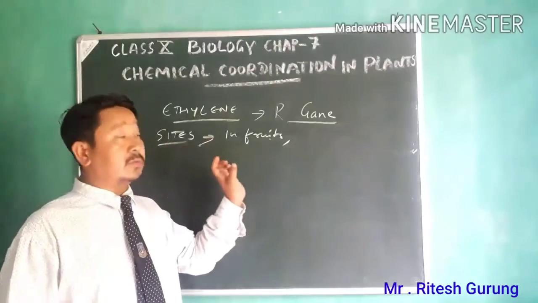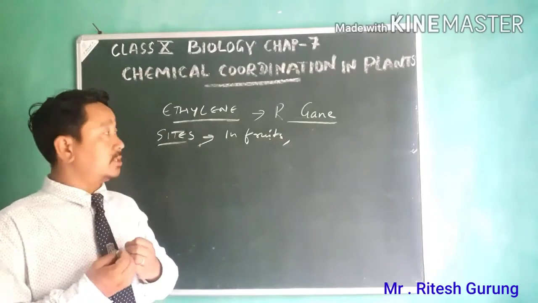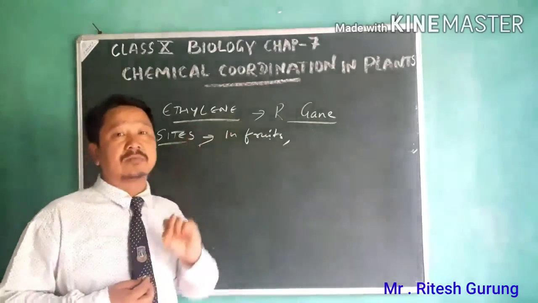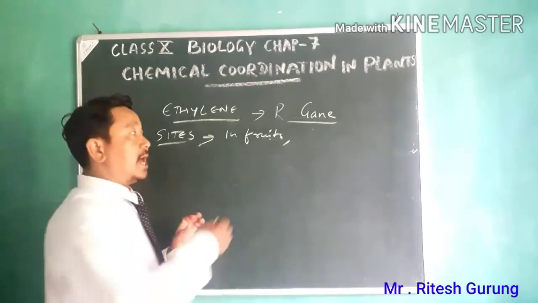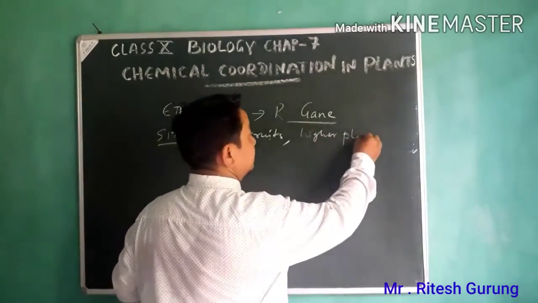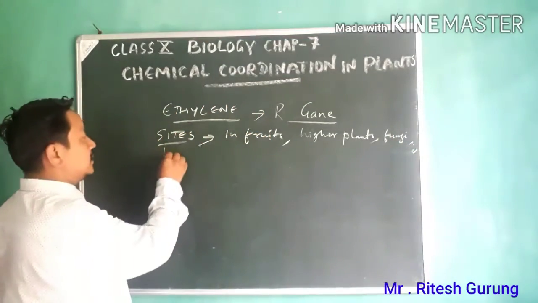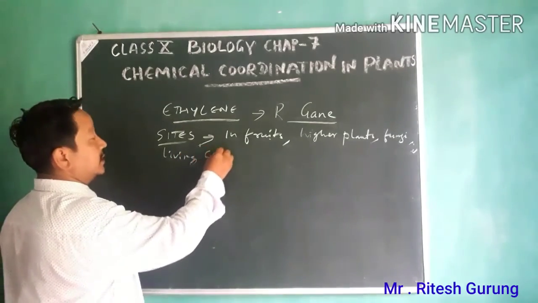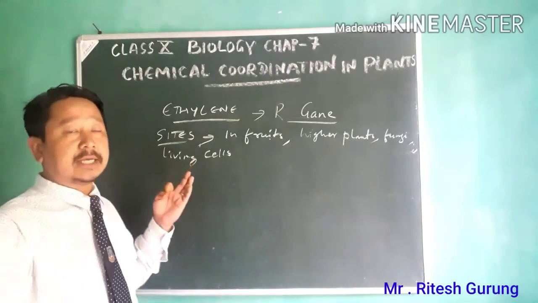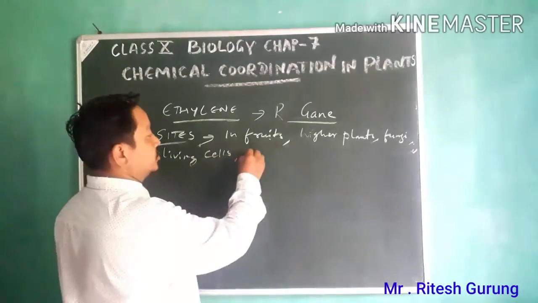Because of this hormone, the fruits ripen. Besides this, this ethylene hormone is found in all the higher plants, fungi, mostly in all living plant cells, and this hormone is more produced in meristematic tissue.